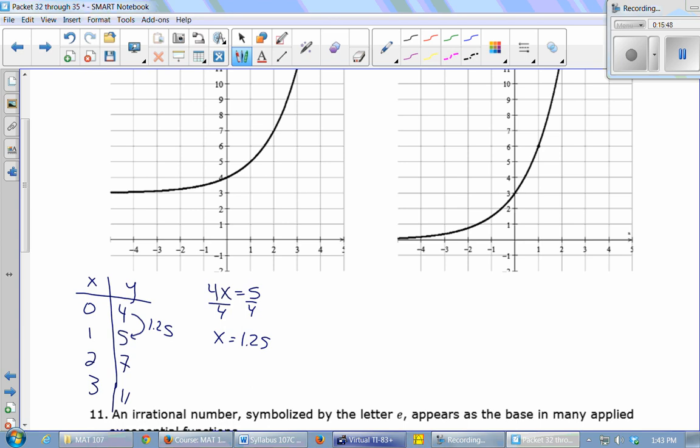So the asymptote has moved, right, from a standard exponential. In a typical exponential function, the asymptote is at 0, and now the asymptote is at 3.